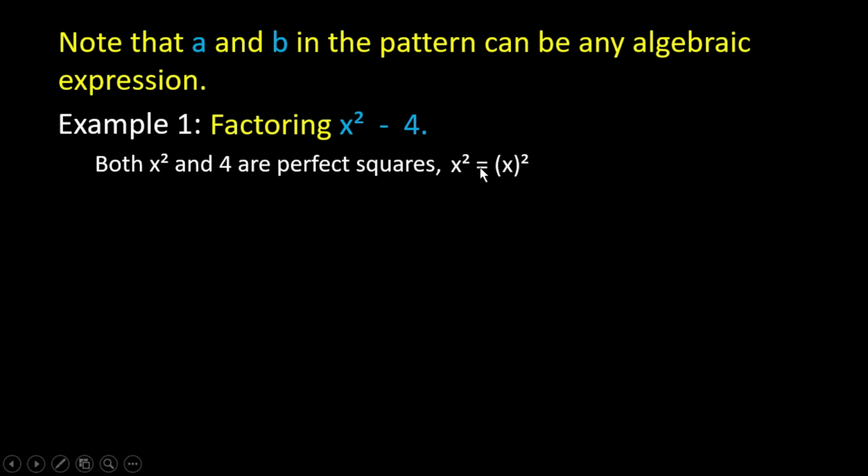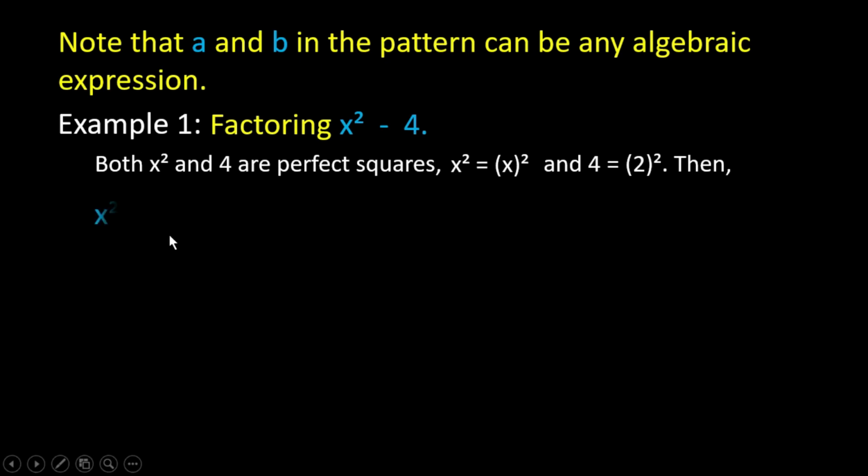Yung x squared ay pwede nating isulat as x raised to the 2. Tsaka yung 4 naman, kinukuha natin yung square root ng 4. So alam nyo guys na yung square root of 4 ay equals sa 2. So yung 4 para maging perfect square ay isulat natin ng 2 squared. Di ba? 2 squared is equals to 4.